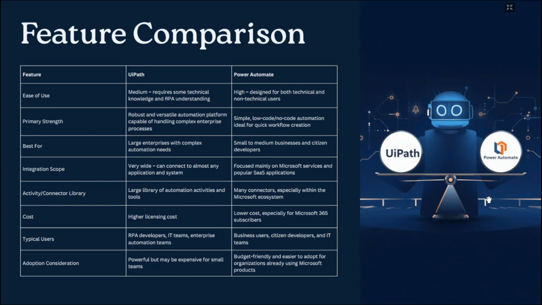And if you guys want a video regarding the cost comparison between UiPath and Power Automate, please do let me know in the comments. I'll create a separate video for the same.